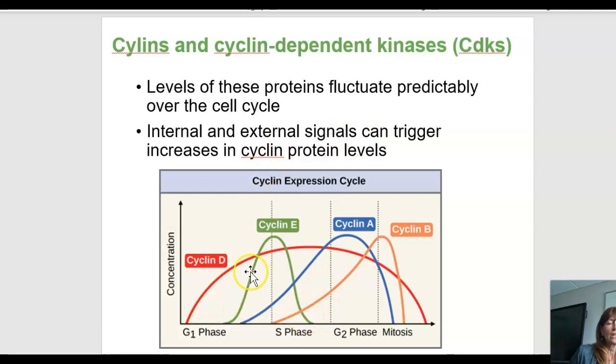So you're going to see an increase at certain times. Notice more of this is being made as we go further along in the G1 phase. It's kind of at its height right here. And not to get too crazy about all this, we'll talk a little bit more about the specific ones. So the increase in cyclin usually is a signal that the cell is getting ready to go to the next step.